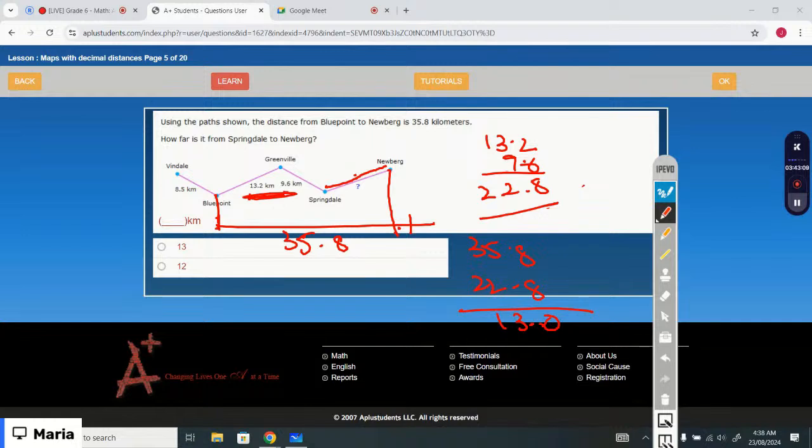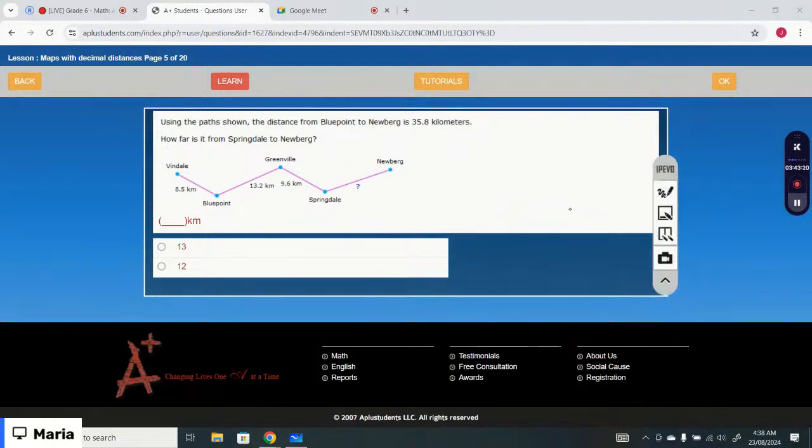And then subtract 22.8 out of the given distance, that is 35.8. So the correct option is 13. Option number 1 is the correct option. That is 13. Got it?